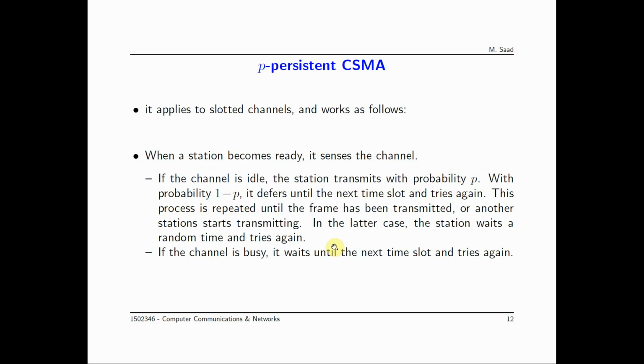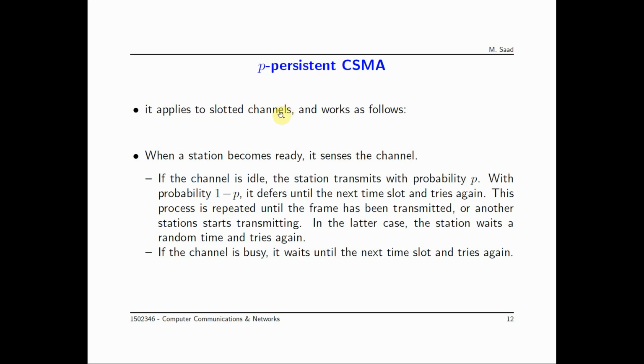Finally, we have the third CSMA protocol, which is called P-persistent CSMA. Here, that P is a probability that will become clear after we start describing the protocol. How does P-persistent CSMA work? First of all, it applies to slotted channels. So for P-persistent CSMA, we assume that the channel is slotted.